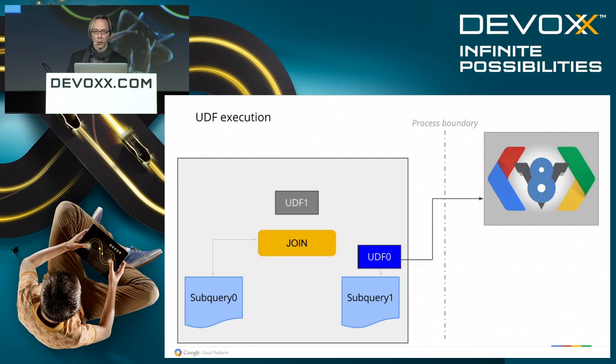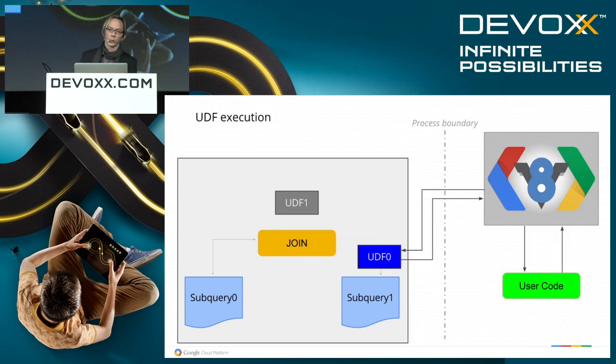V8 has a relatively good C++ embedding API, which allows you to use JavaScript in your C++ programs. In this case, we take the rows of data, send them one by one through to the function that you define, and get the results back. Those go back to the UDF, and then get propagated up the tree, and so on and so forth. It would look very similar for the results coming out of the join if we needed to perform additional processing later on.